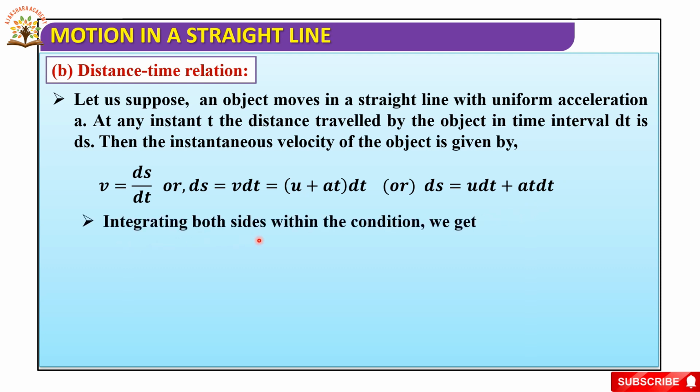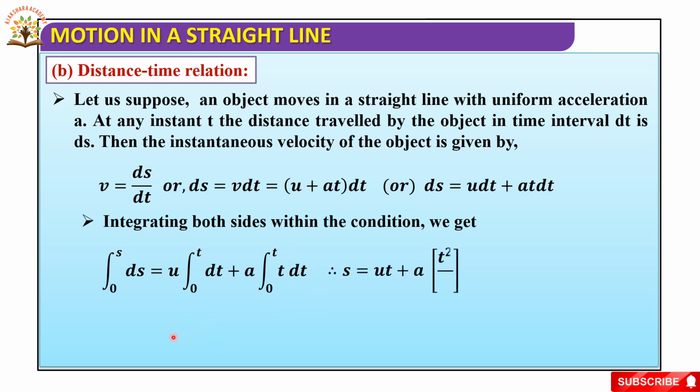Now integrating both sides within the conditions, we get integration of 0 to s ds is equal to u times integration of 0 to t dt plus a times integration of 0 to t t dt. Therefore s is the integration of ds, and integration of dt is t, applying the limits 0 to t.